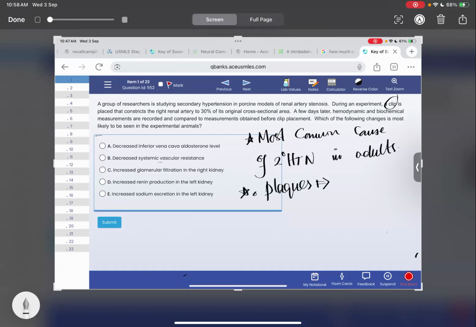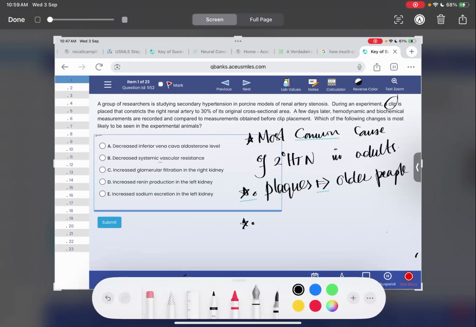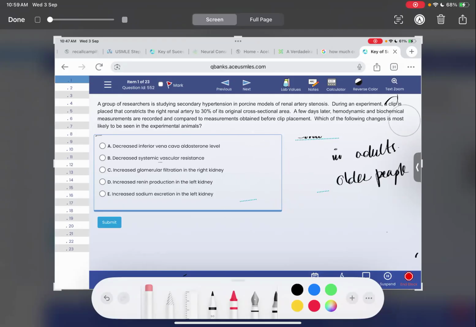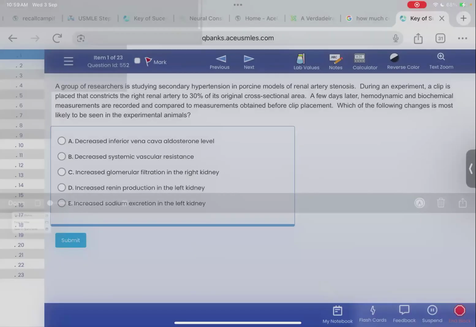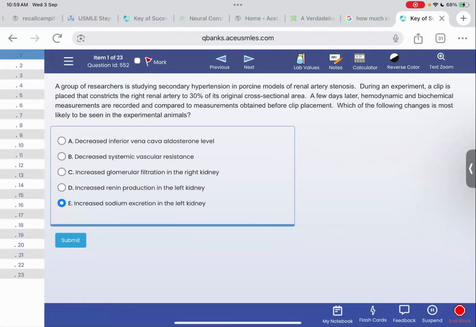This will be in older people, okay? So it was all about renal artery stenosis. Do you guys got this MCQ, or does anyone not understand this?